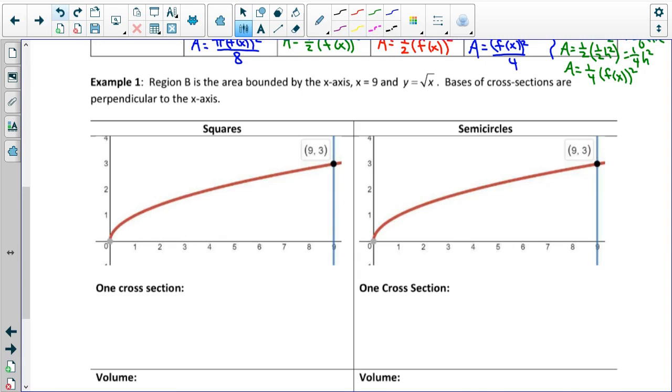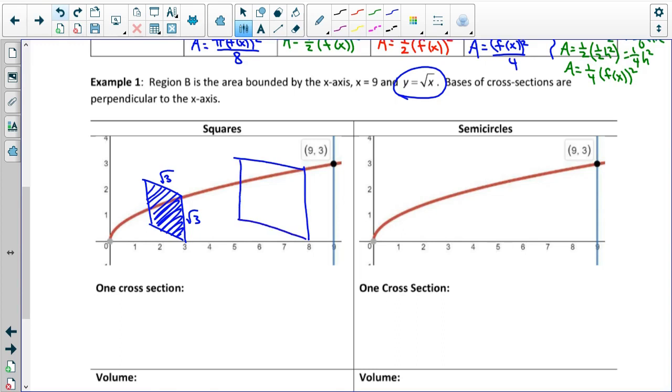But if, let's say, I'll draw one at 3, I have a square that's popping out of the paper. And if this is the square root of 3, because this function is y equals square root of x, then since this is a square, this length will also be the square root of 3. And so I have this square, and then I have another square that's coming out at every other spot.